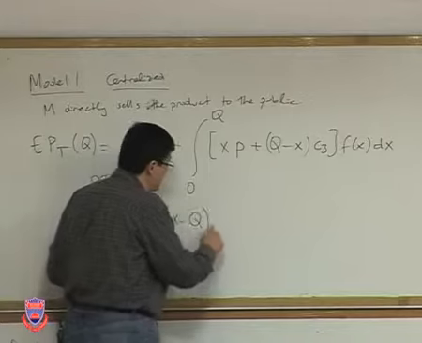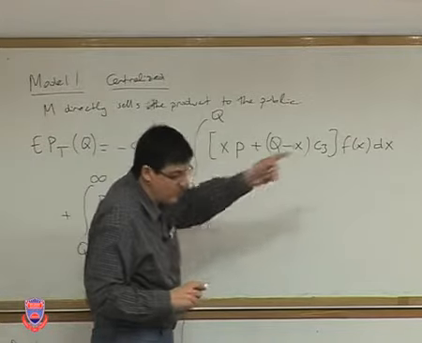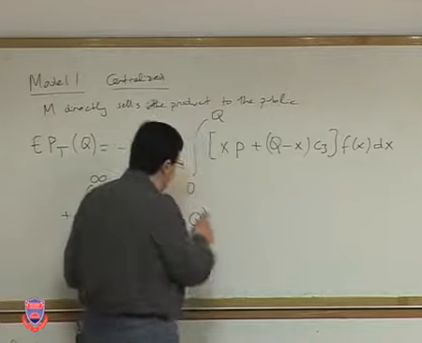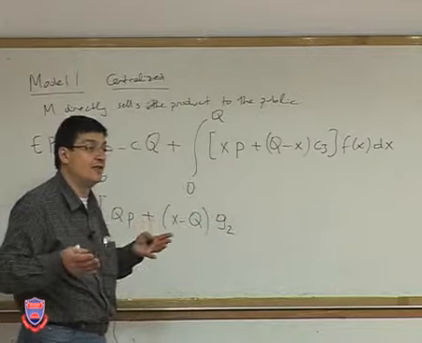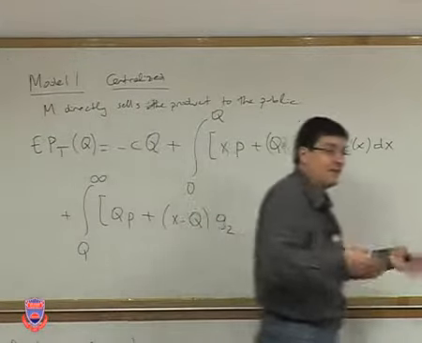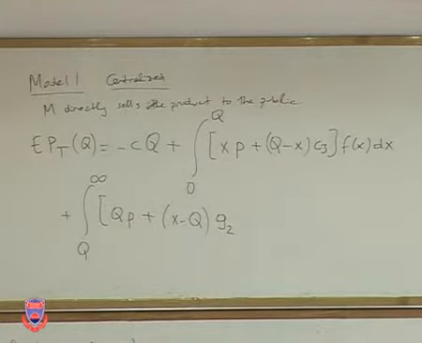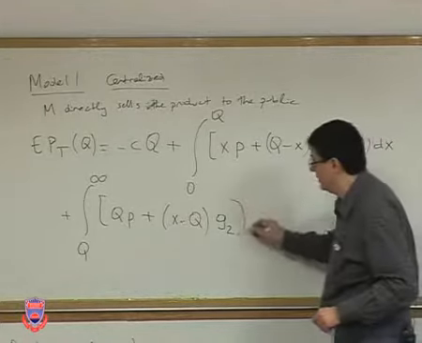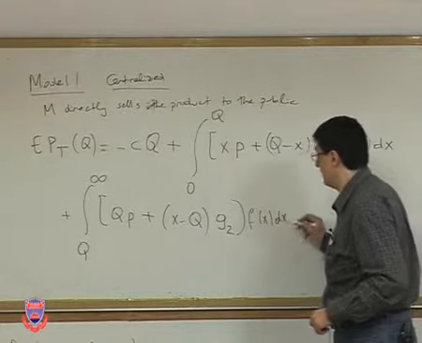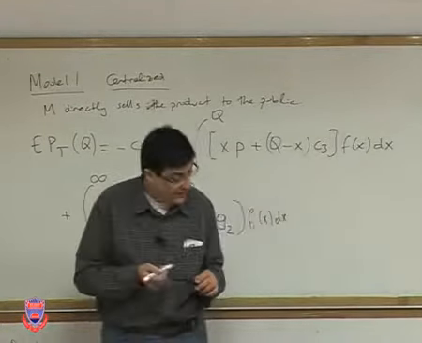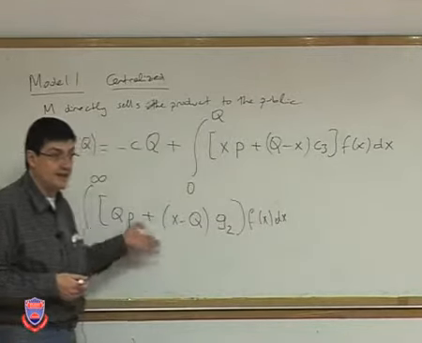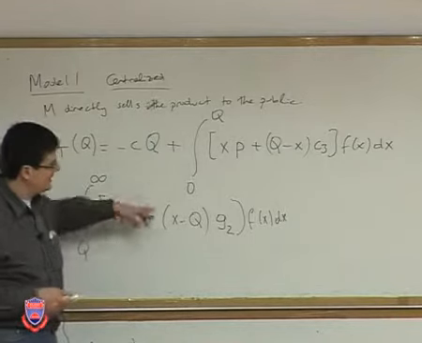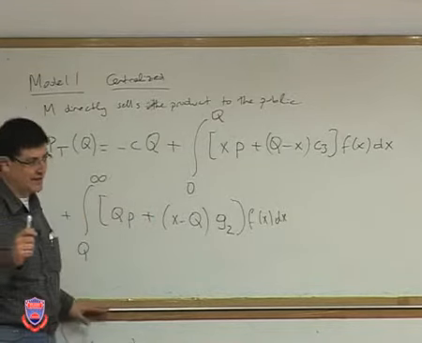So this is X minus Q. And the goodwill cost that I'm going to pay, let me use G2 for that, because I am the retailer and the manufacturer, I have the brand name, so I will lose all kinds of different goodwill. So it is going to be X minus Q, G2, f of x dx. What we have here is actually the classical newsvendor problem, but now the letters are a little bit different. But it's the same problem.